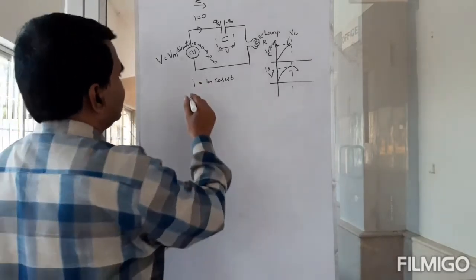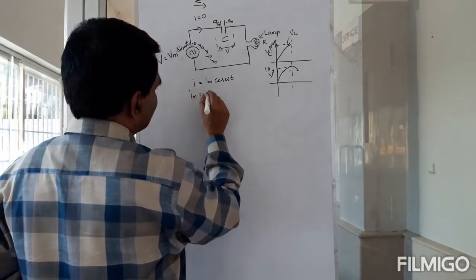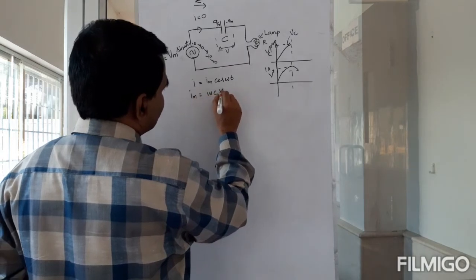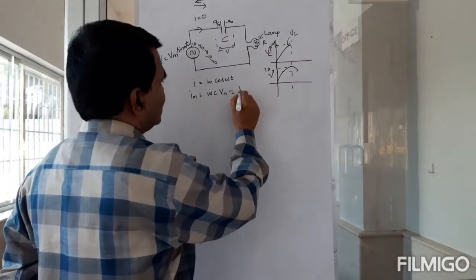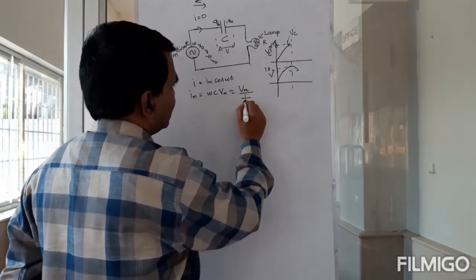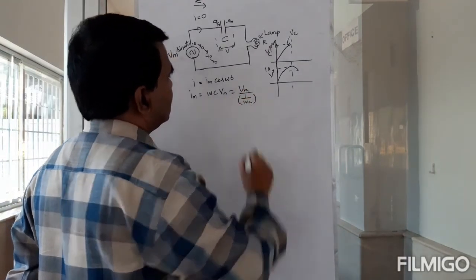This Im is equal to omega C Vm, or this is also equal to Vm by 1 by omega C.